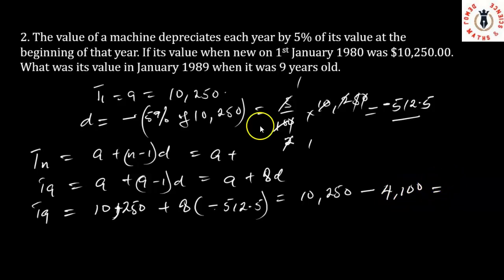So that's 10,250 minus 4,100. The t9, which is the value of the machine at the 9th year, will be given by... let me quickly use my calculator. 10,250 minus 4,100 will be given as 6,150. That's 6,150.